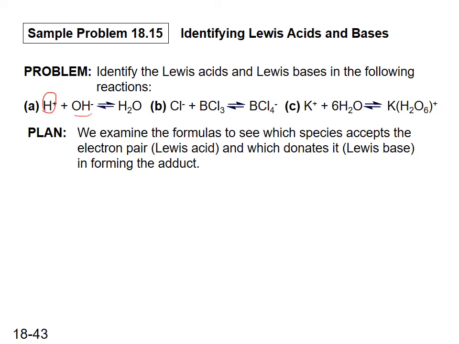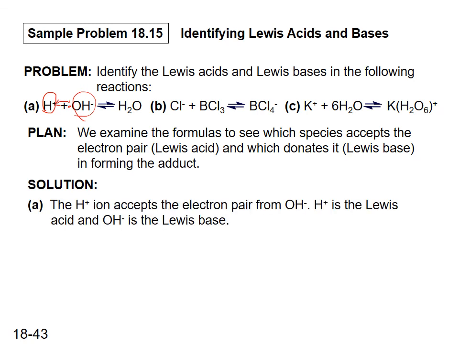Proton and hydroxide. Proton doesn't have any electron. Hydroxide has a lone pair electron on oxygen, so this oxygen goes to the hydrogen proton to form a bond. And therefore, proton is an acid. So proton is a Lewis acid, and hydroxide is a Lewis base.